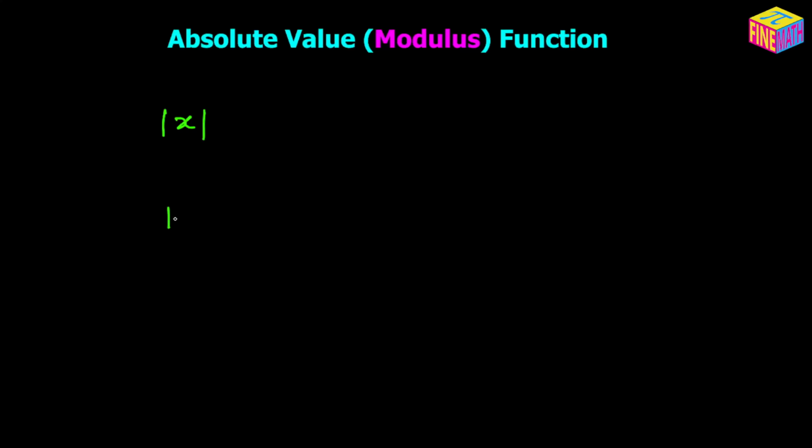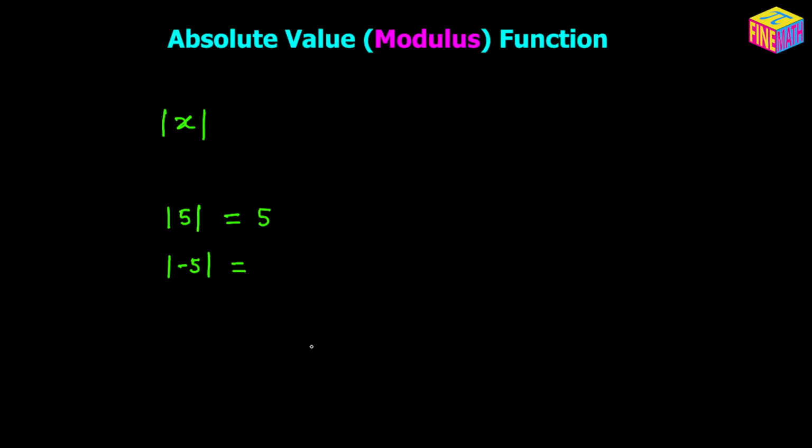So if we say the absolute value of positive 5, that is obviously equal to positive 5, because the absolute value function gives us the non-negative value of the number enclosed within the two vertical bars, right? And then if we take the absolute value of negative 5, what will that be?